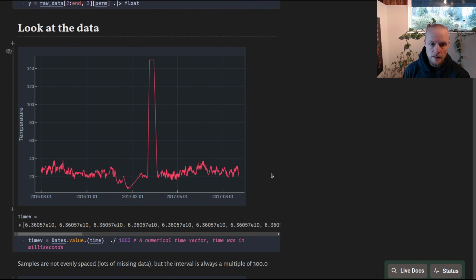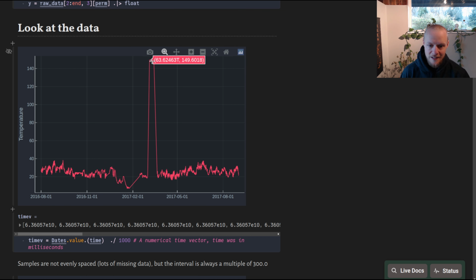We'll look at the data. I plot it here. It's a function of time only. We see that it spans 1 year from 2016 August here to 2017 August. And we see that the temperature is usually between 0 and 40, whatever unit was used. I believe it's centigrade. And we see that this looks like an outlier.